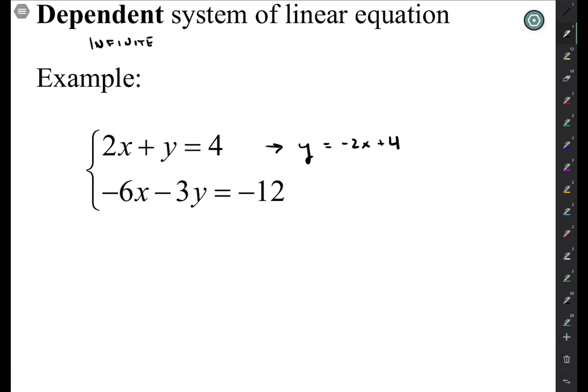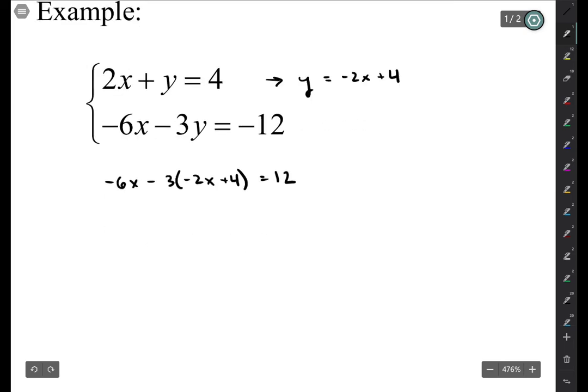Substitute that in for y, negative 6x minus 3 times negative 2x plus 4 equals 12. And you'll notice here we would have negative 6x plus 6x minus 4 equals, sorry, that should be a negative 12.